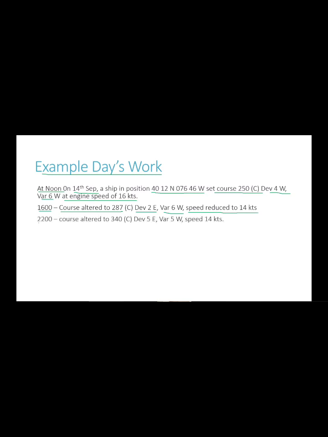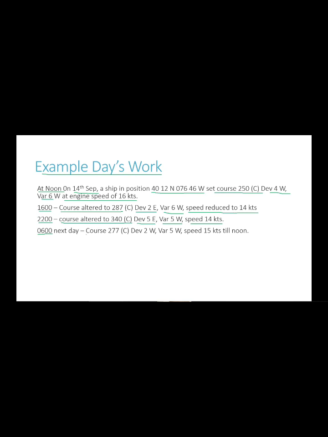This continues till 2200 in the night. So at 2200, the course is now altered to 340 compass. The deviation is 5 degrees east, variation is 5 degrees west, and the speed is maintained 14 knots. This continues to 0600 on the next day.